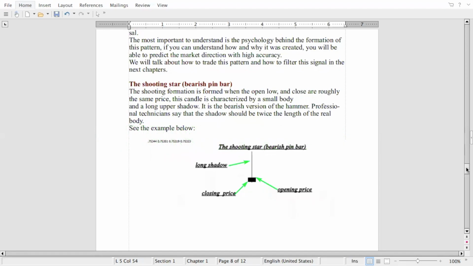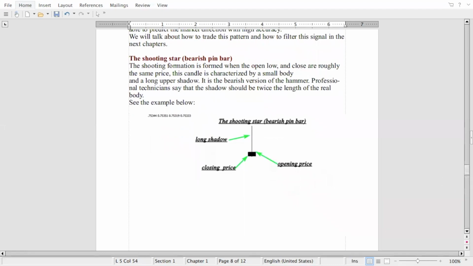This one, you'll find the long wick is now up. It's still hammer-like, but if you look at this, you see the long shadow is up, and then we have the open and close down here.